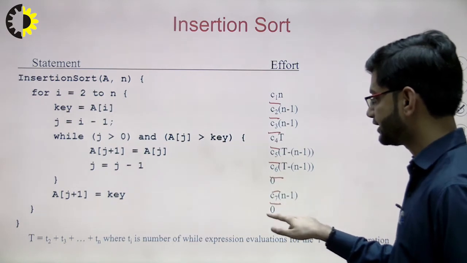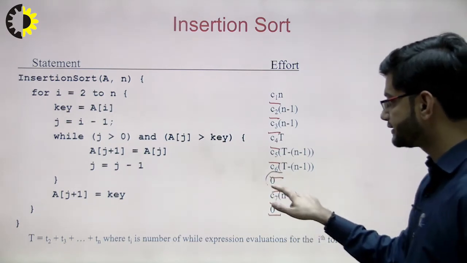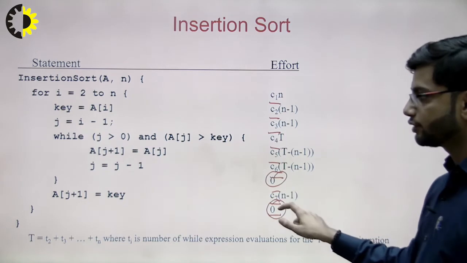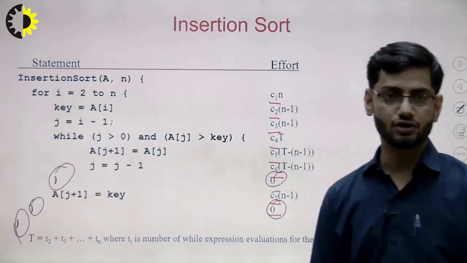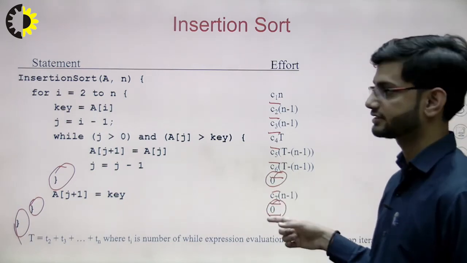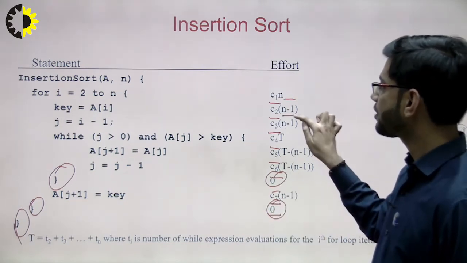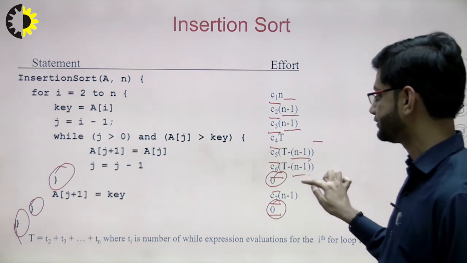Why is the cost of these lines 0? Because the execution of these will not take any cost. And this is the number of times these statements will execute.